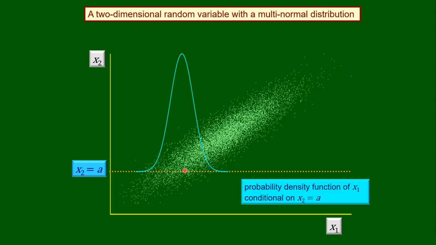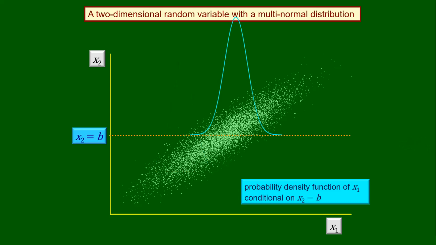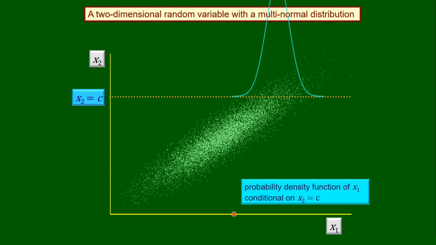This is an outcome of the statistical interrelatedness of x1 and x2. Similarly, if I know that x2 is equal to b, I have a different conditional mean for x1. Because they're correlated, and if x2 is equal to c, I have a different conditional mean for x1.